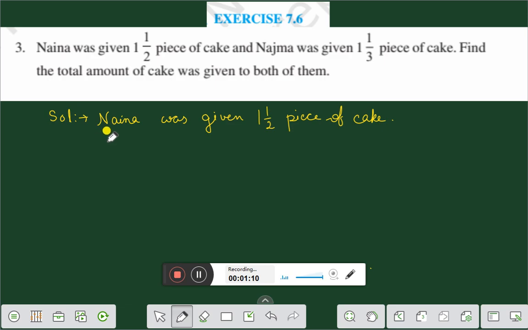And Najma was given one whole 1 by 3 piece of cake.